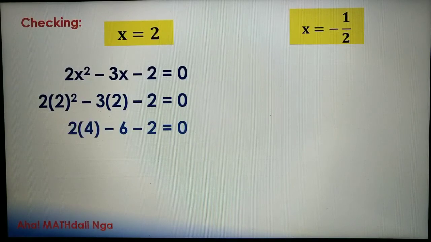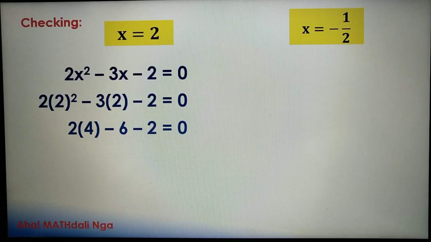Let's simplify. We have 2 times the square of 2 is 4. Next, negative 3 times 2 is negative 6. Copy minus 2 equals 0.